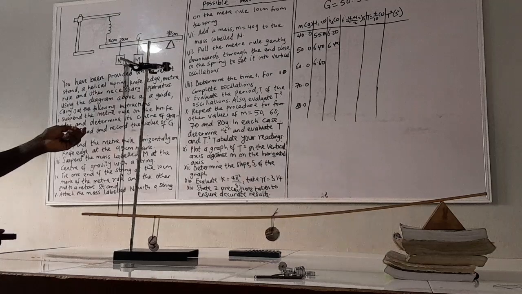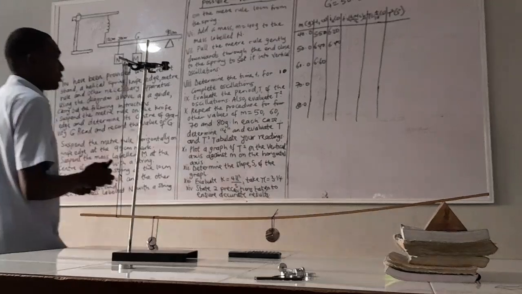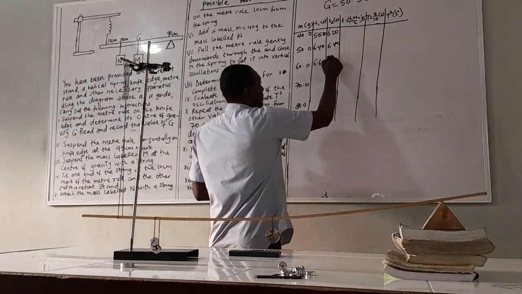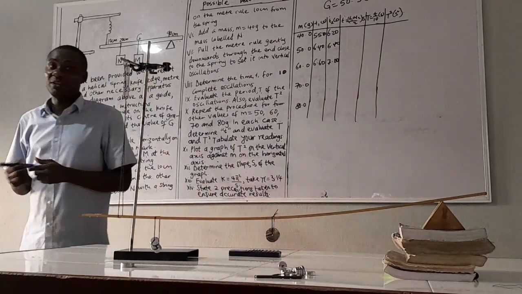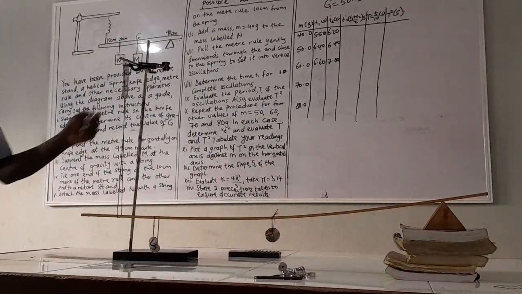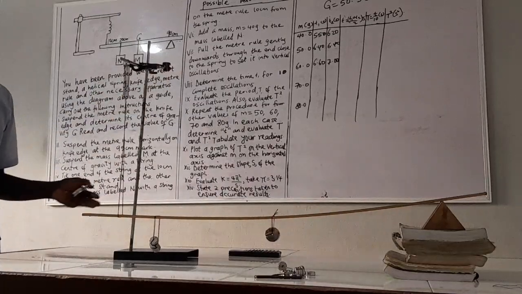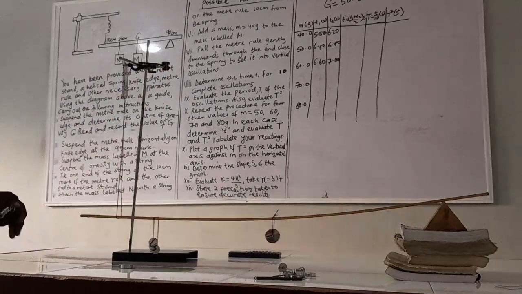Here I have 7.00. So we take the average, that is the essence of doing it twice. You see that I'm having discrepancy in my reading because the thing is very fast.